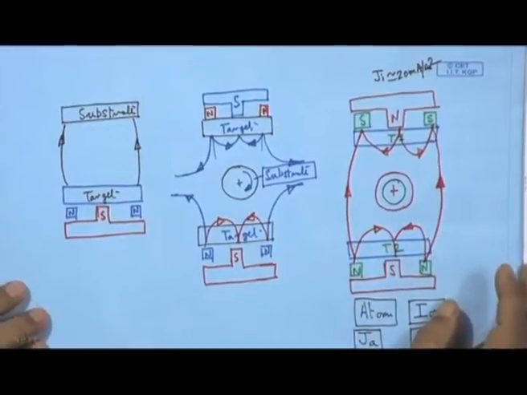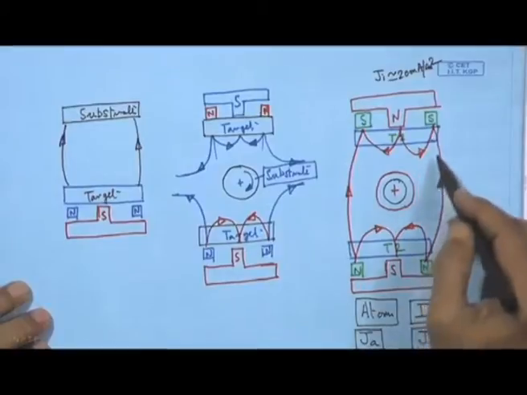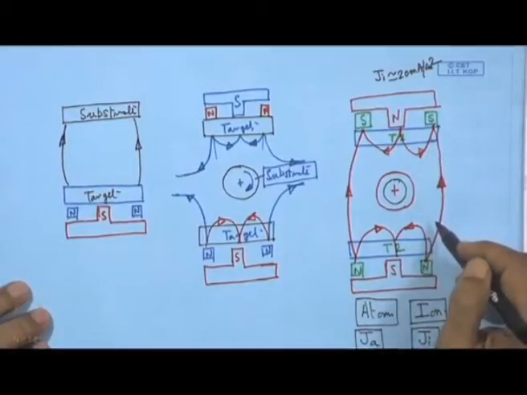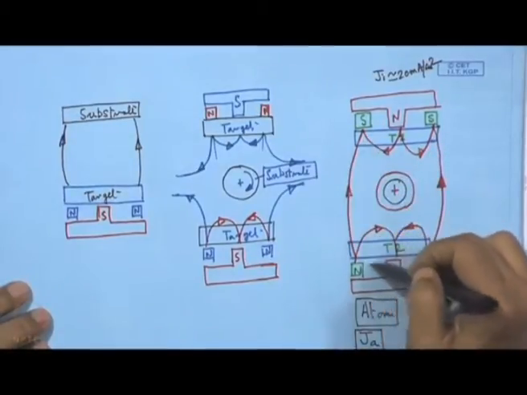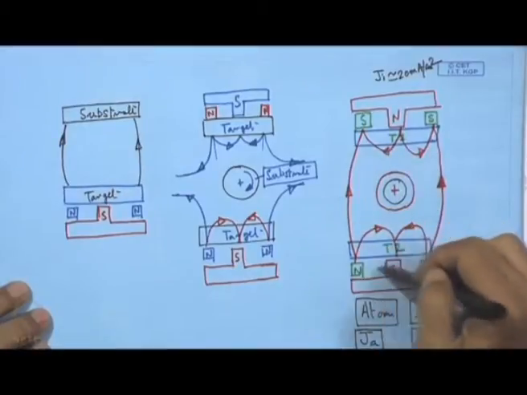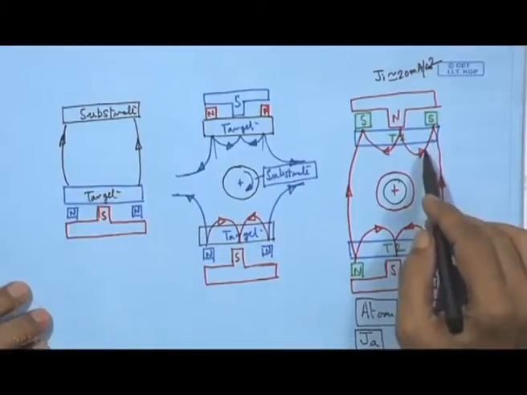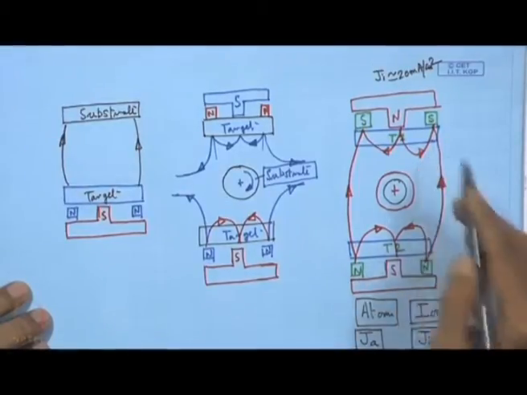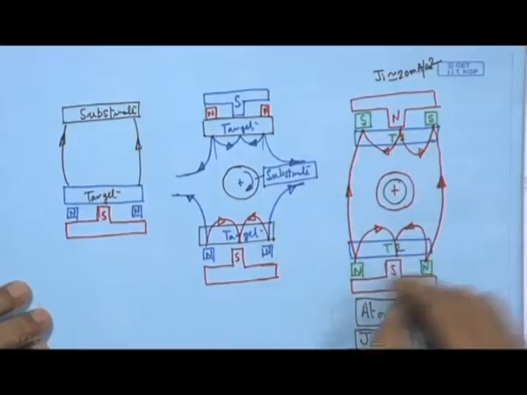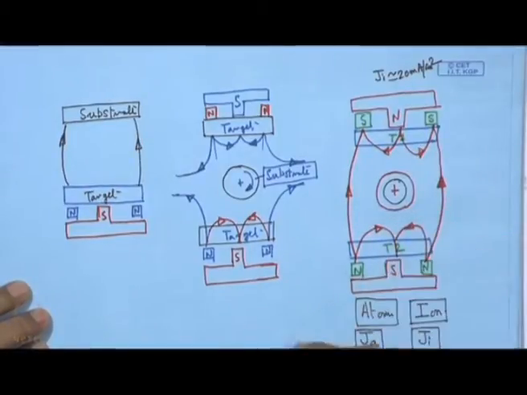But here what we are doing is just pulling the secondary electron and closing this one. So, this is actually called close field unbalanced magnetron sputtering, close field unbalanced UBM.